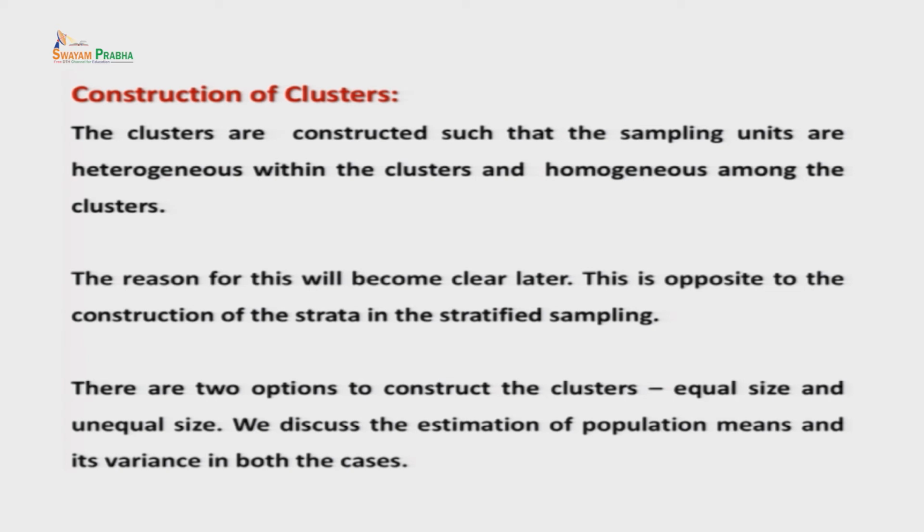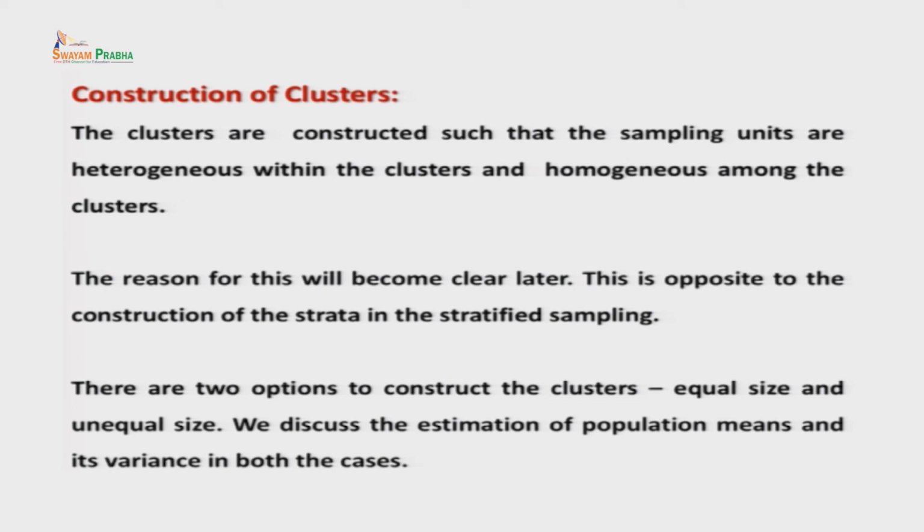At this moment, I am trying to explain how the construction takes place, but when we consider the estimator for the population mean and find the variance of that estimator, then I will be able to explain statistically also why the condition which I am going to explain here is valid.